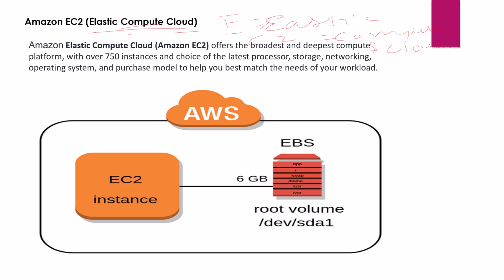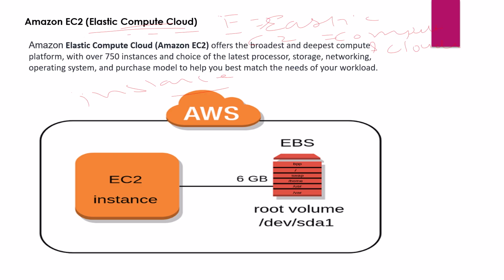Elastic means we can easily scale up and scale down our machines, that is our instances, as per our requirement, because AWS works on the pay as you go model.